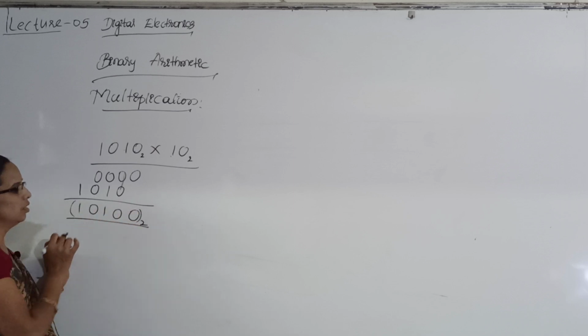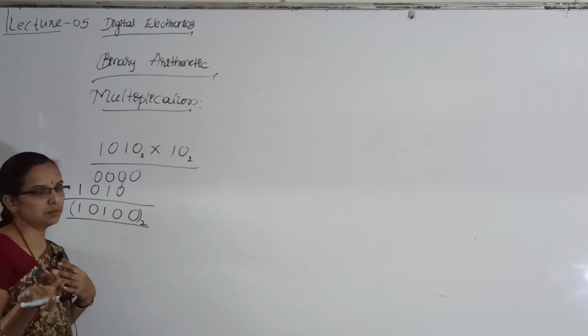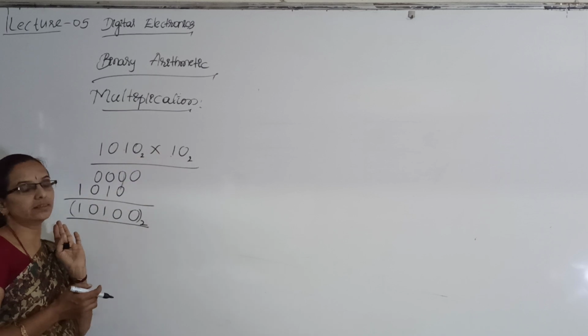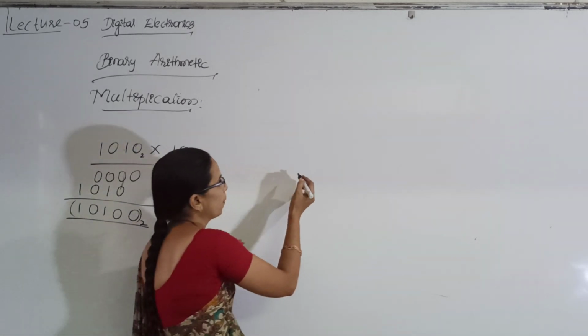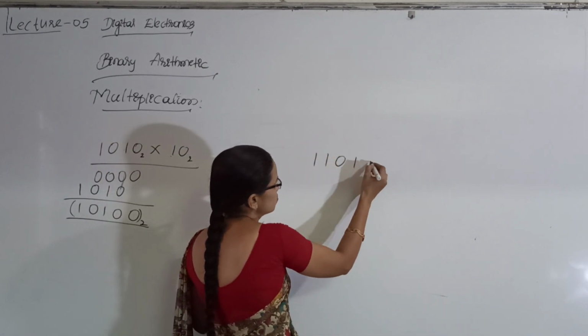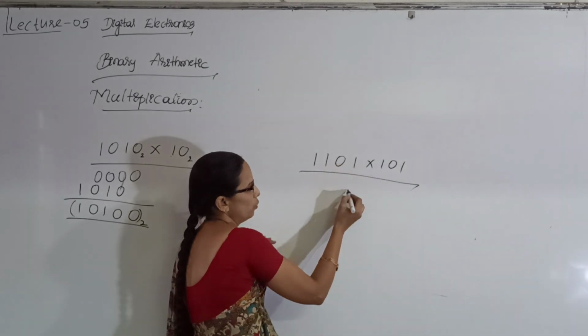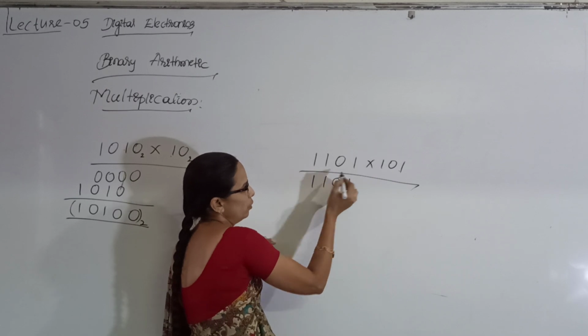This is the answer. For 2-digit multiplication in decimal, the same process you can apply here. Should not treat this as 10, it is 1, 0, you should treat separately. 1 into 1 is 1, 1 into 0 is 0, 1 into 1 is 1, 1.